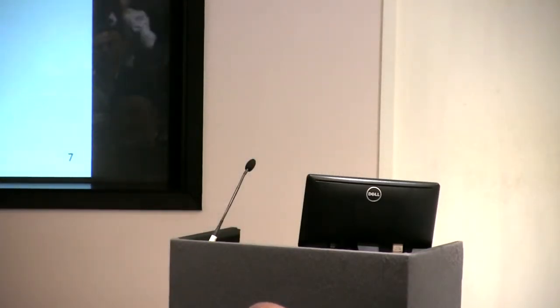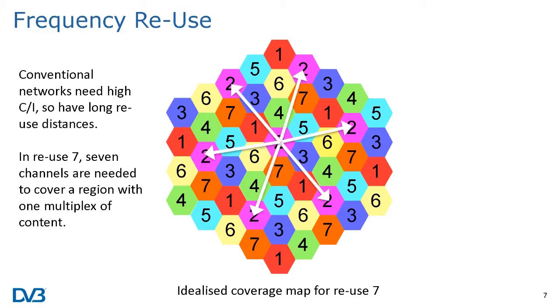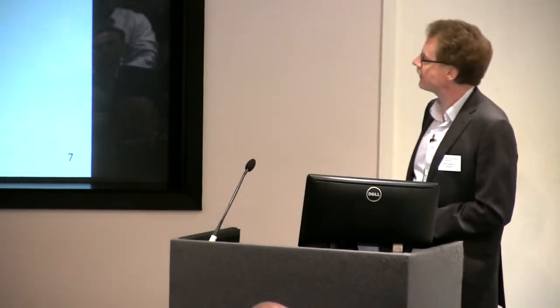And so if you look, for example, at this number 2 in the middle here, consider that one. If you look at this network, then you find that that frequency is not reused until the distance of those white arrows away. And you can arrange it so that that distance is big enough that the transmitters that reuse the same frequency put sufficiently little interference into that central purple 2 area that you do meet your interference criteria, and so everything works.